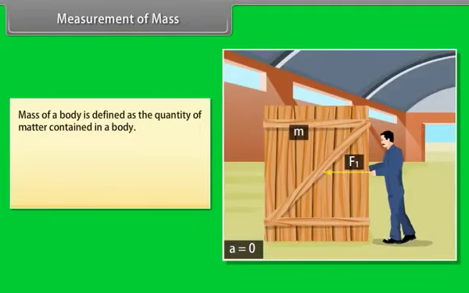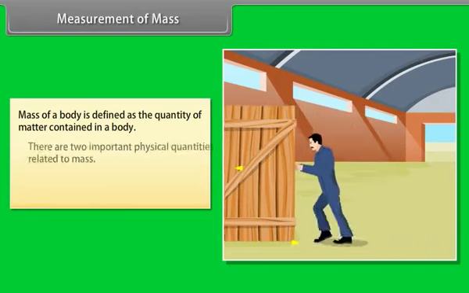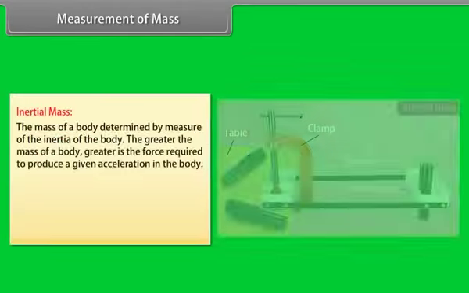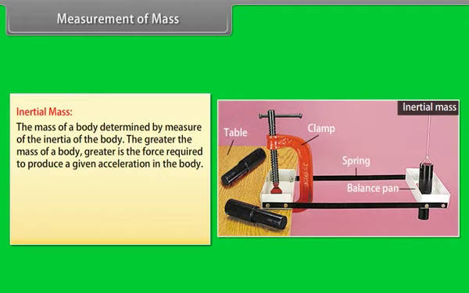Measurement of mass. Mass of a body is defined as the quantity of matter contained in a body. There are 2 important physical quantities related to the mass of a body. These quantities are inertial mass and gravitational mass. Inertial mass: the mass of the body is determined by a measure of the inertia of the body.